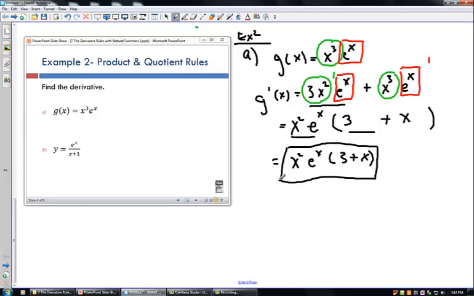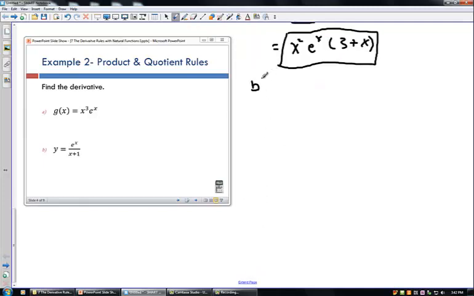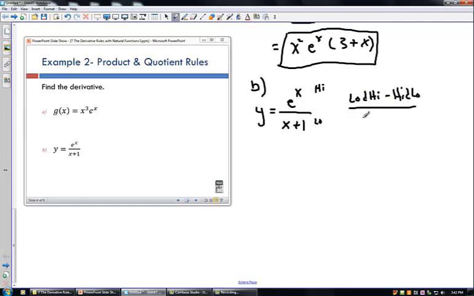That is my answer. All right, let's take a look at part B now. So on part B, we have y equals e to the x divided by x plus 1. And so this is obviously going to be a quotient rule. So I have a high function and a low function. And remember, it's low d high minus high d low, all over low squared, and away we go.